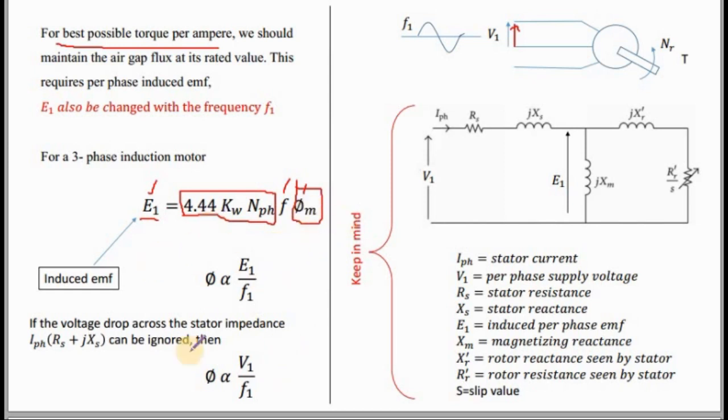So using this equation, we can conclude that E1 divided by F1 is proportional to psi.